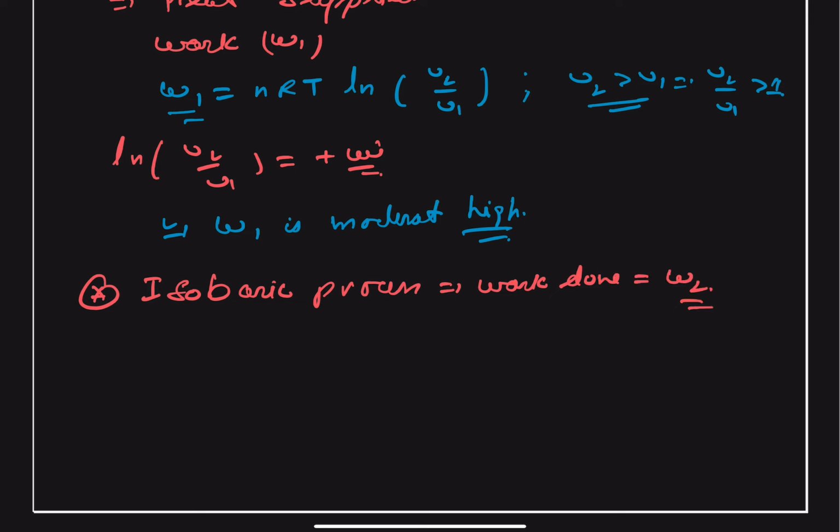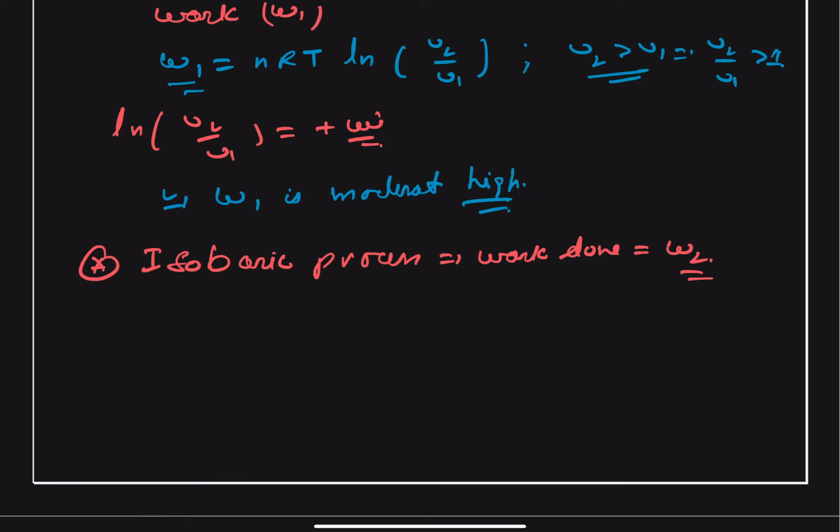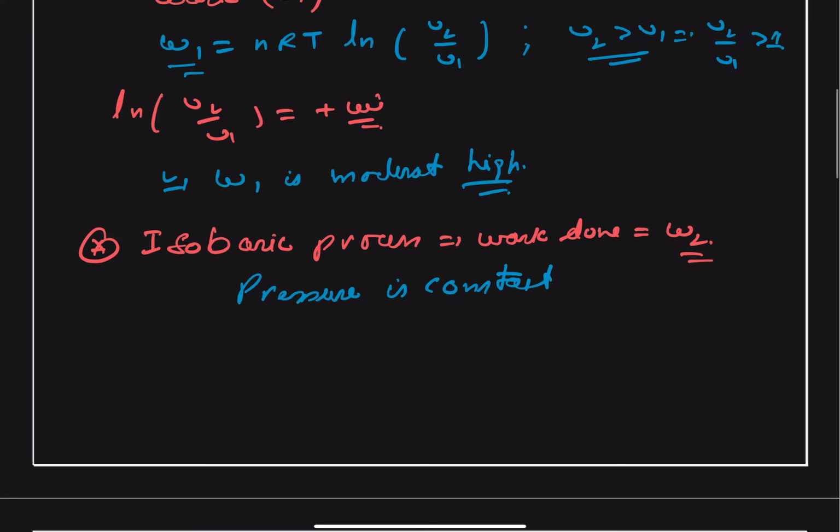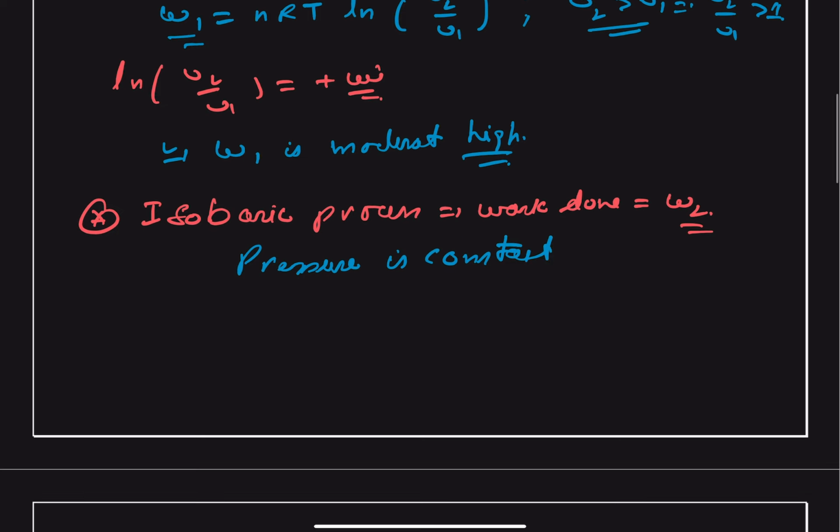And isobaric means pressure will be constant. Therefore, we can write that our work done, which is given as W2, will be our P times V2 minus V1. And this work done, that is W2, is slightly greater than W1.